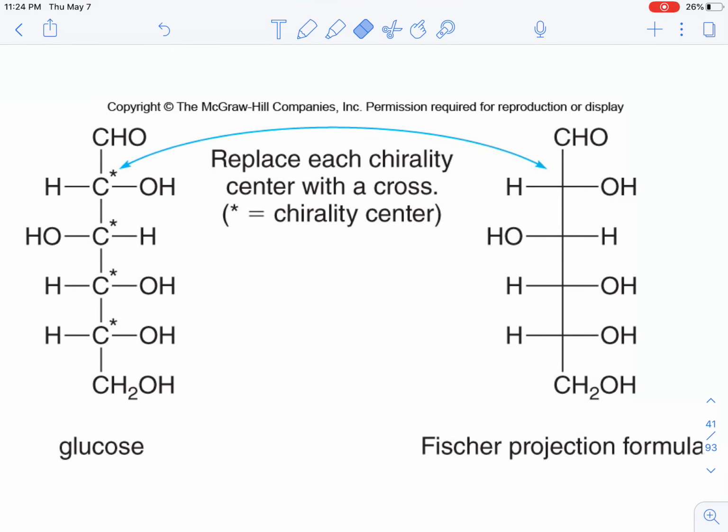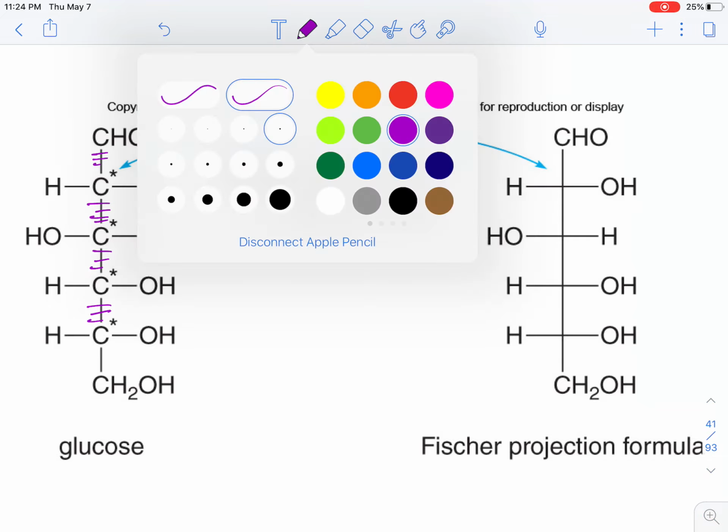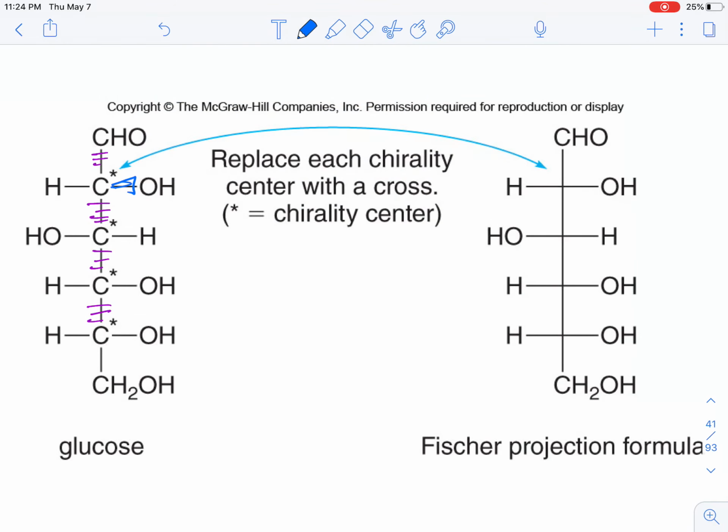And so you guys can play with that logic on your own. But long story short, what this Fischer projection does is that it assumes that everything that's vertical will have dashed lines, if you will. And everything that is horizontal, I'll do that in blue, is going to have that bold line or that wedged line.